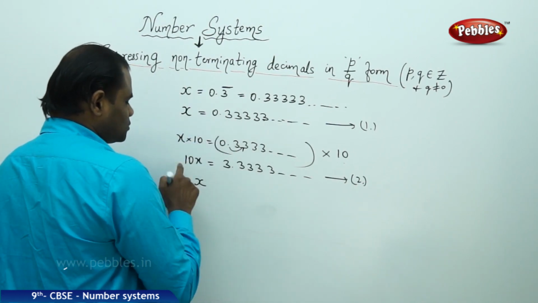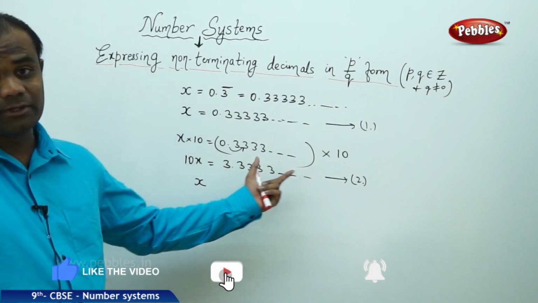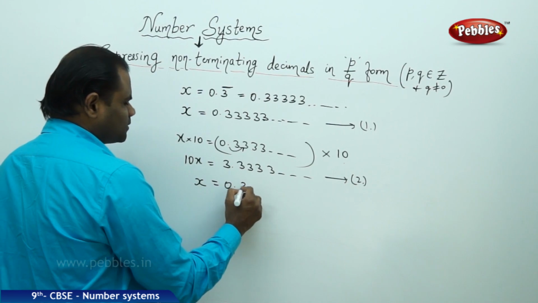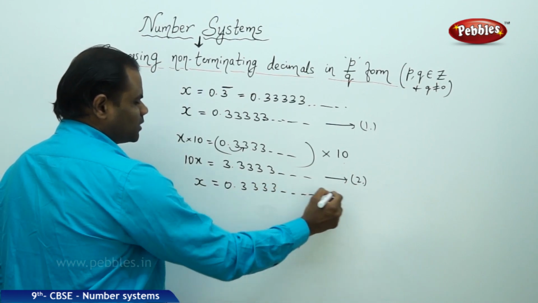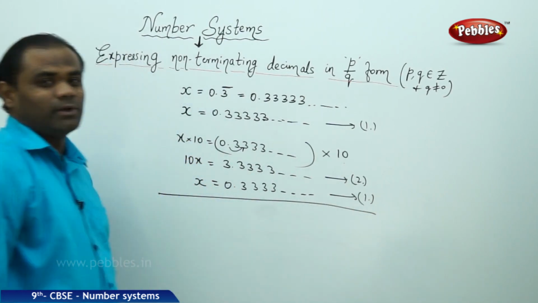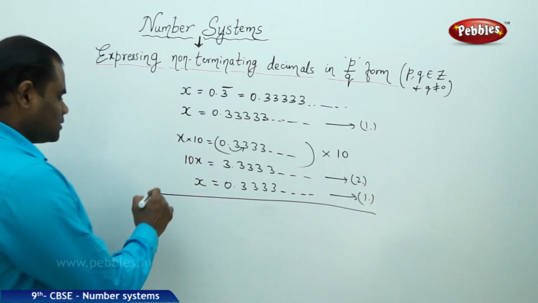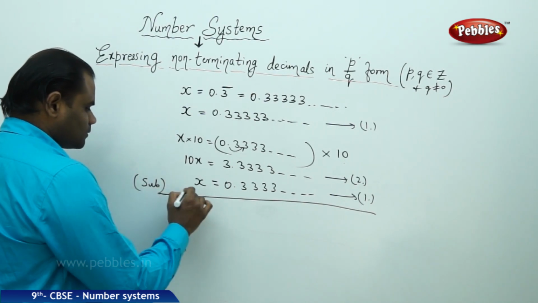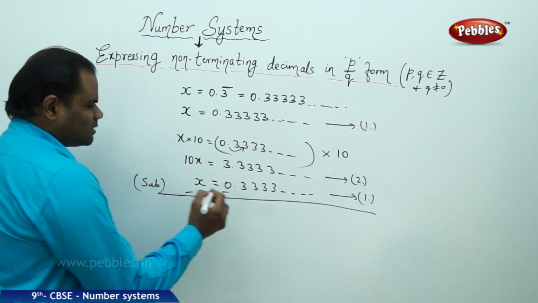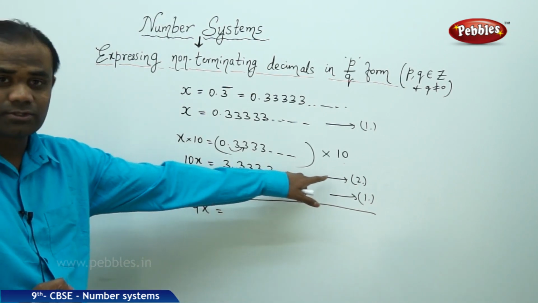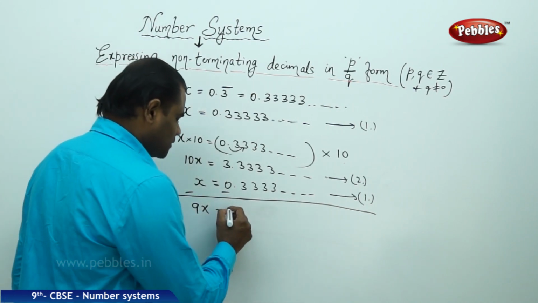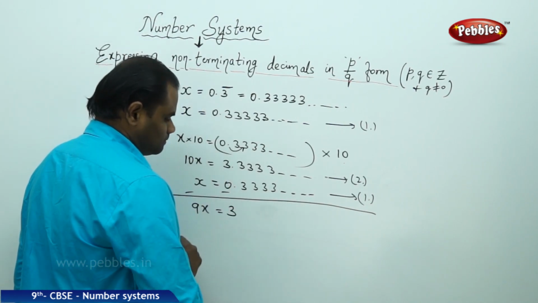With equation 2 being 10x equals 3.333..., and equation 1 being x equals 0.333..., I subtract the two equations, and I get 10x minus x, which is 9x, and 3.333... minus 0.333... will exactly give me 3.